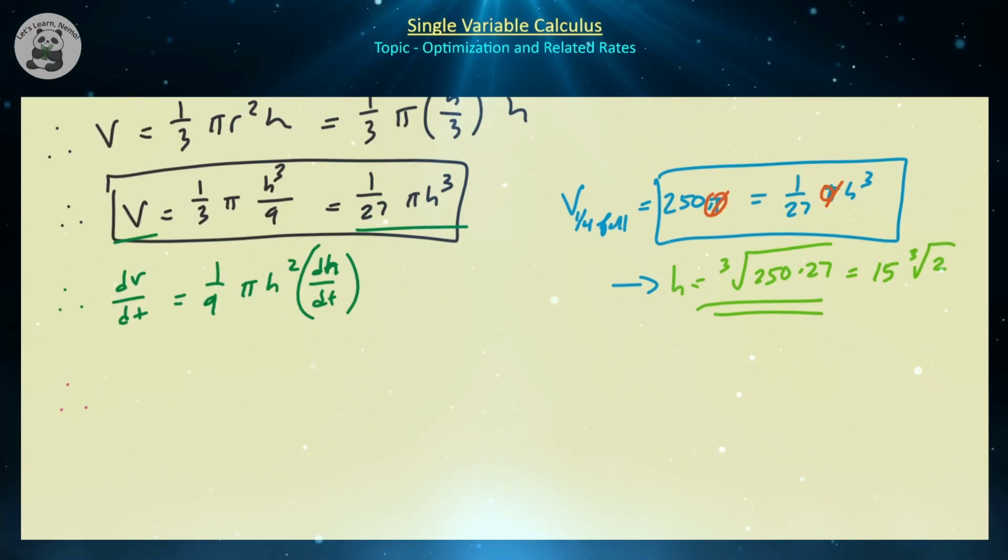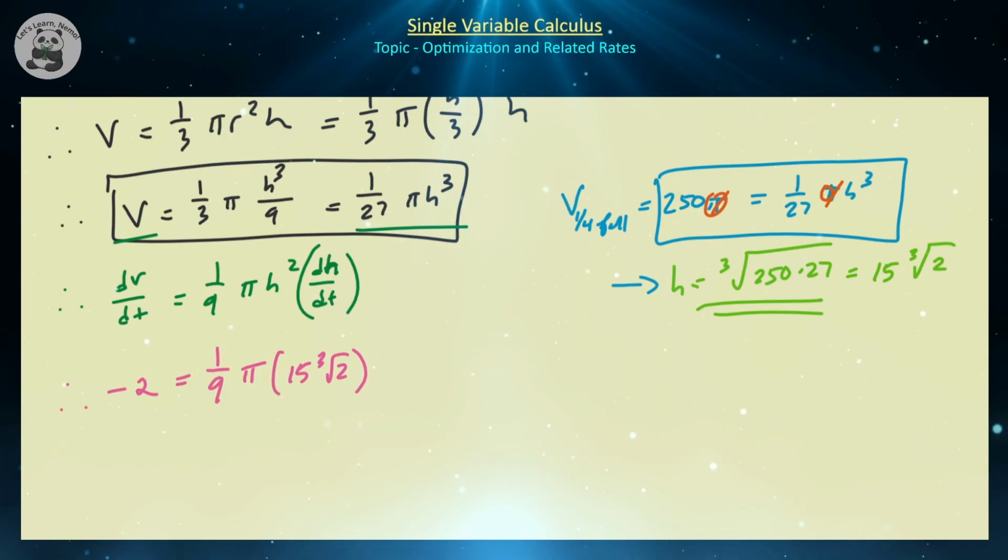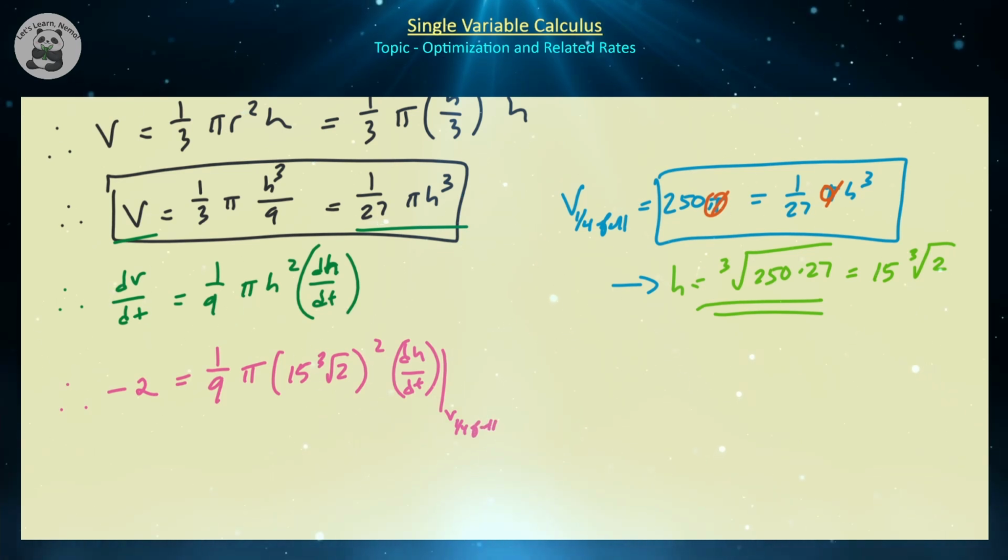Well, we know that that's going to be equal to minus 2 cubic centimeters per minute. And this is going to be equal to 1 over 9 pi h squared. And when h is equal to 15 cube roots of 2, so we're going to have 15 cube roots of 2 squared, and this is going to be dh/dt when the volume is quarter full, right?